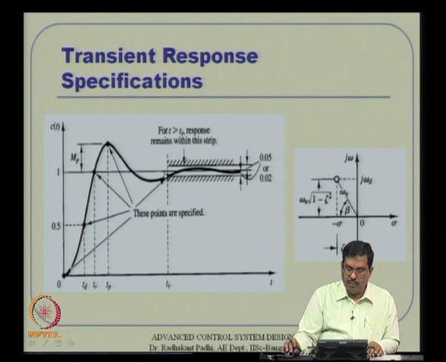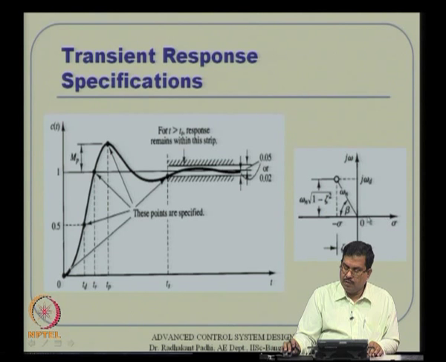The time it takes to get there, starting from 0, is nothing but settling time. And this is the overshoot. So the maximum overshoot it has from the reference command, in this case 1, converted to percentage, turns out to be percentage overshoot, Mp.